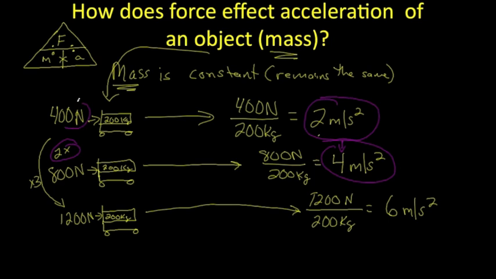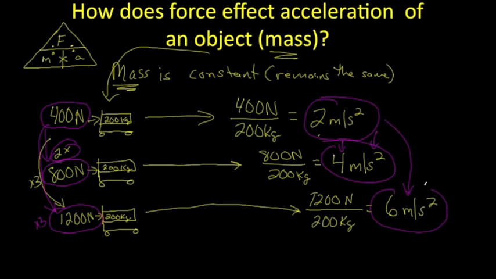All right, so the force is doubled, okay, the acceleration is doubled. If the force is tripled, all right, the acceleration is tripled. All right, 6 is 3 times bigger than 2. 1,200 newtons is 3 times bigger than 400 newtons.